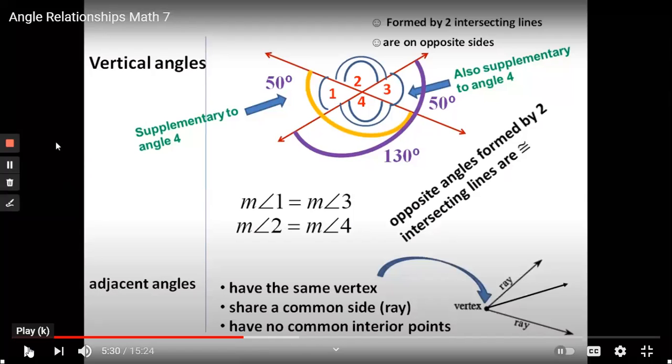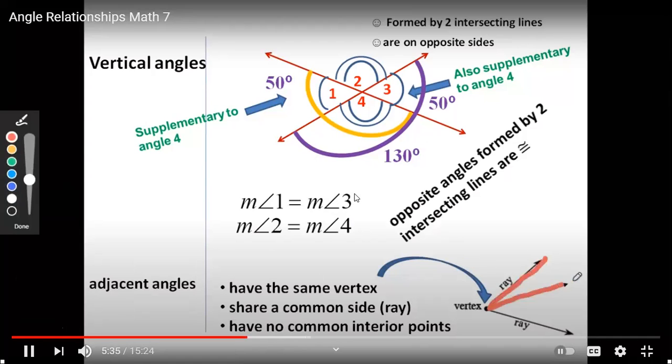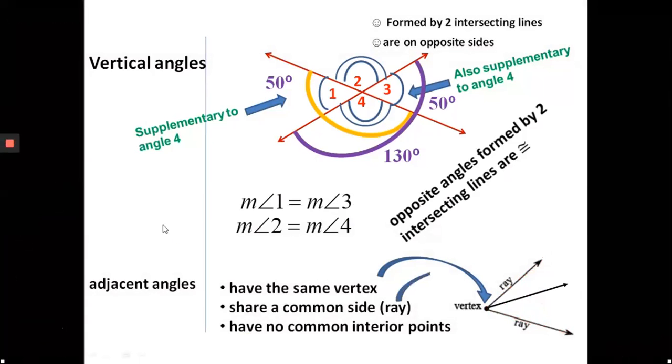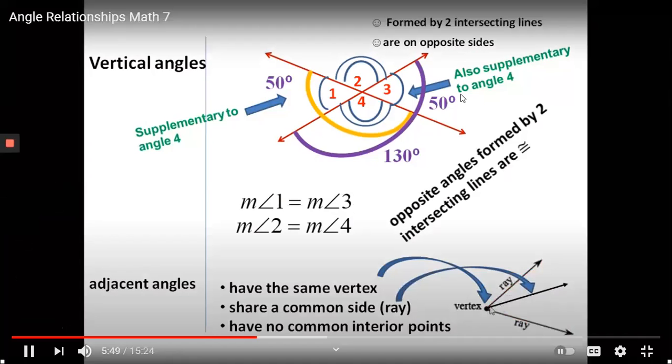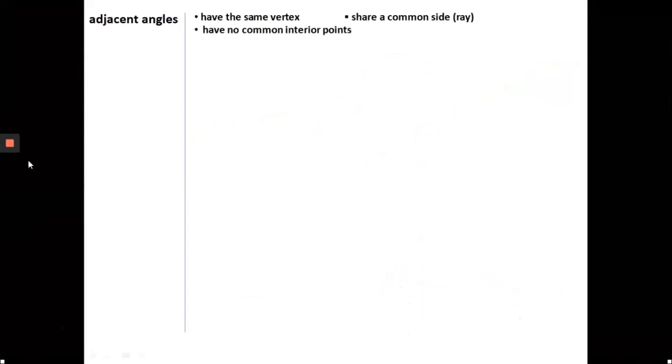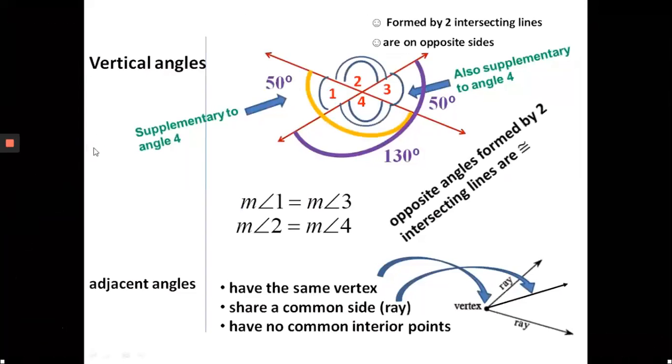Watch together, please. Here is the vertex for angle 1 and angle 2, right? Here is angle 1. Here is angle 2. They both have this one right here as a side. Next, they have to have a common ray. They both have the same vertex right here, and they both have the same ray, which is the one in the middle. No common interior points. Here's what that means.